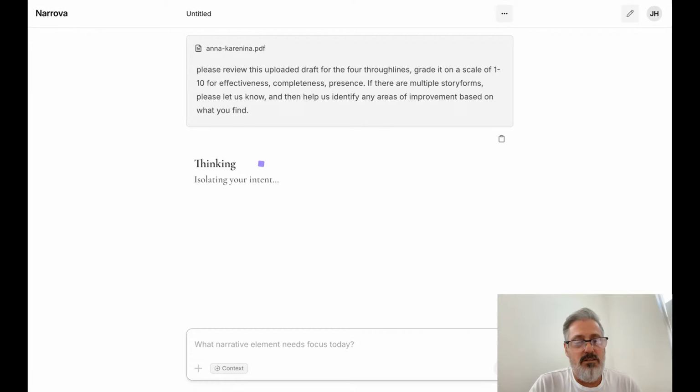Okay, so it's going to read through the entire book, which would probably take me at least a week to do. And it will now do it in 5 minutes and see what kind of story forms it might find. So yeah, passing it off to the story forming agent. Hopefully they'll do a better job of reading than they do of trying to save a story form to a conversation, which should be the easiest thing in the world.